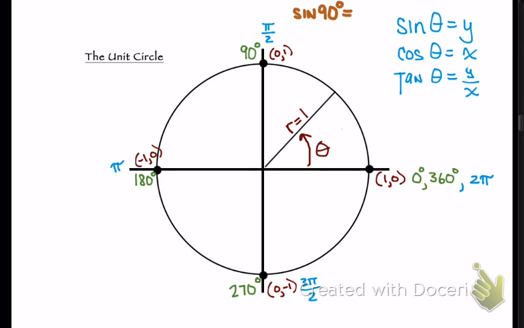I don't have my calculator out, and I promise I'm not cheating. I know the sine of 90 degrees is 1. How did I know that? You understand that the sine is the y value. This is the y value at 90 degrees, and therefore the sine of 90 degrees is 1.